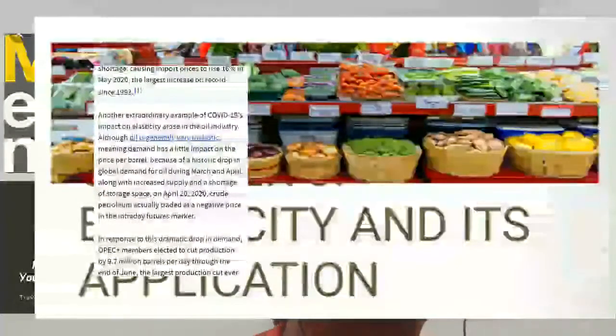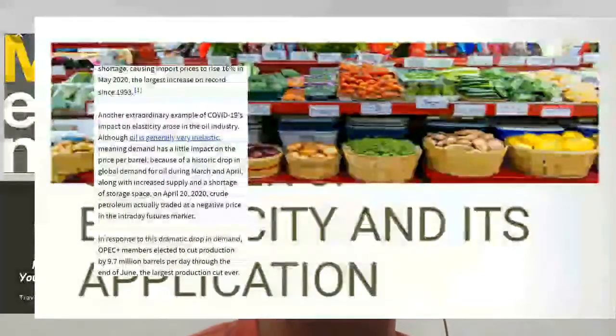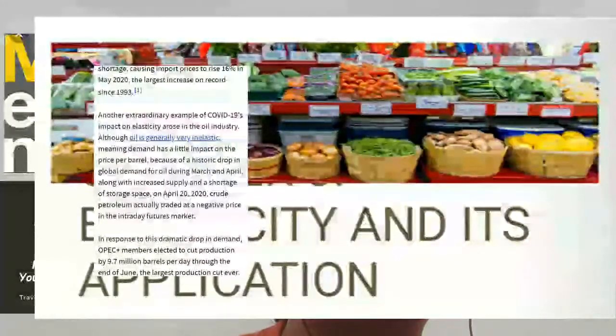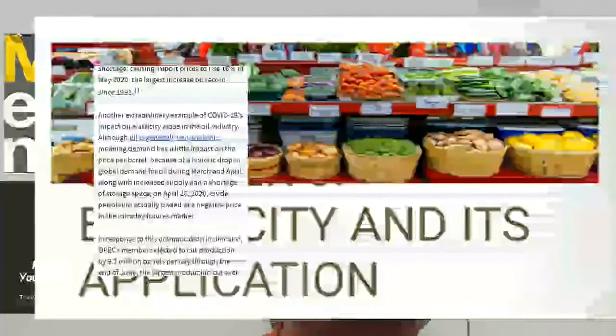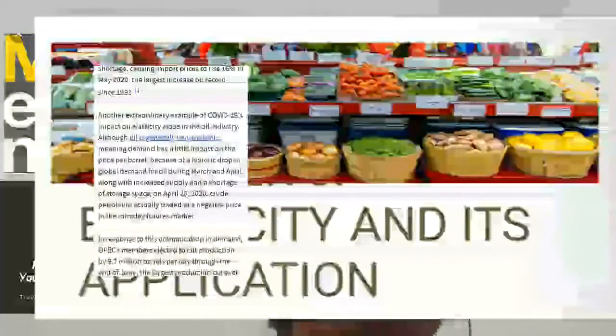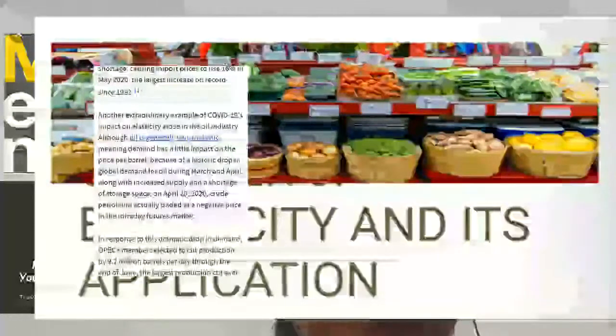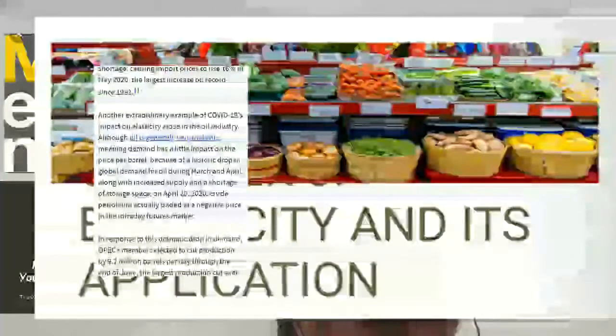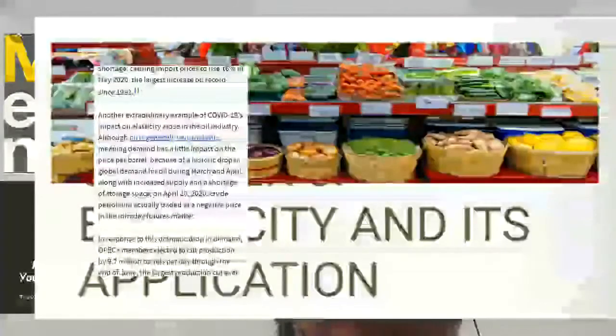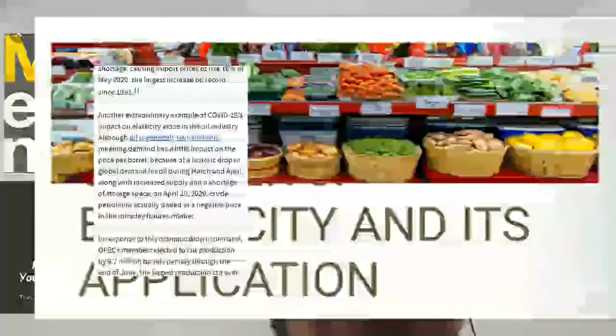Another extraordinary example of COVID-19's impact on elasticity arose in the oil industry. Although oil po is generally very inelastic, correct, meaning demand has little impact on the price per barrel, because of a historic drop in global demand for oil during March and April, along with increased supply and a shortage of storage space on April 20, 2020, crude petroleum actually traded at a negative price.